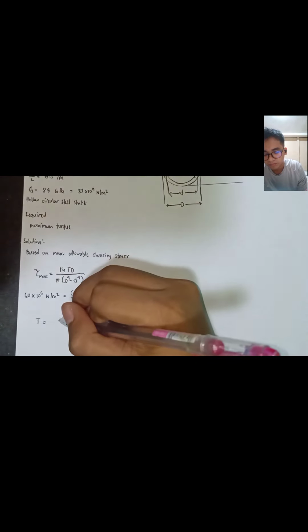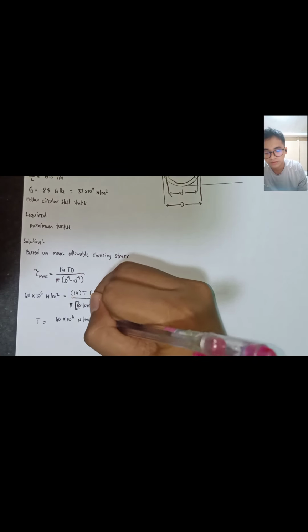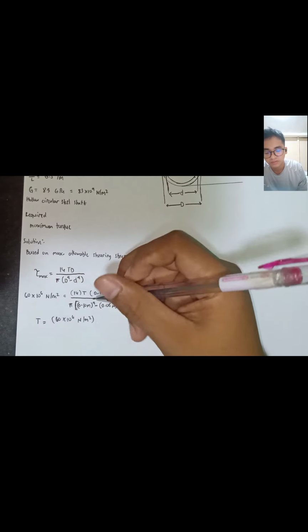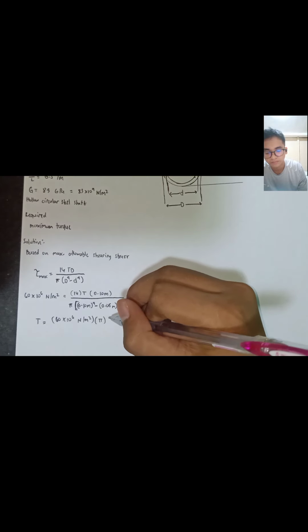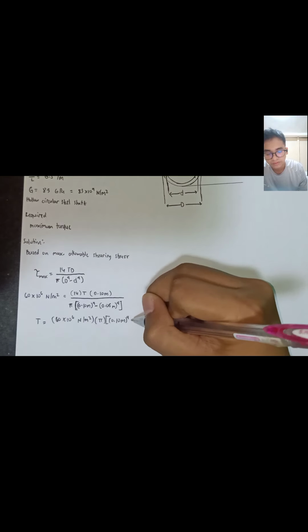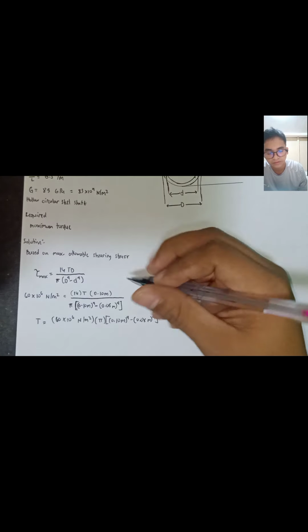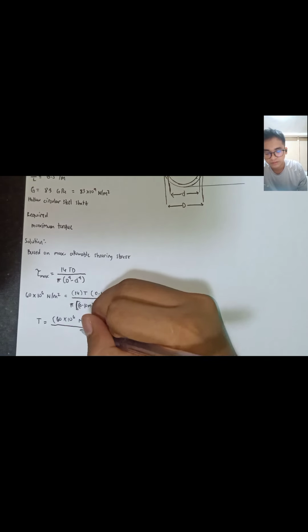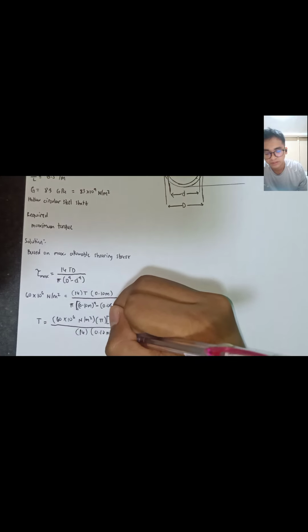So, T is equals to 60 times 10 raised to 6 Newton over meter squared times pi times 0.10 meter raised to 4 minus 0.08 meter raised to 4, over 16 times 0.10 meter.